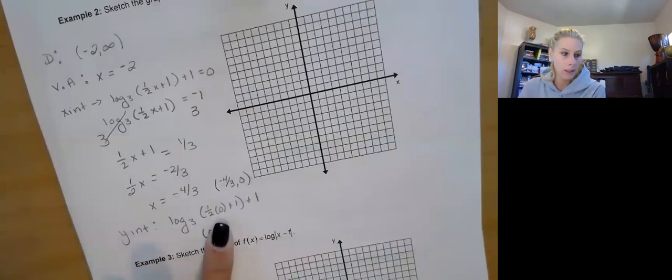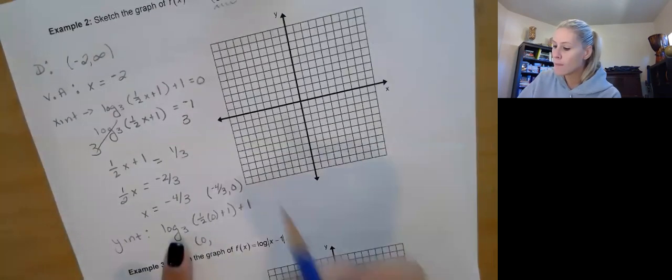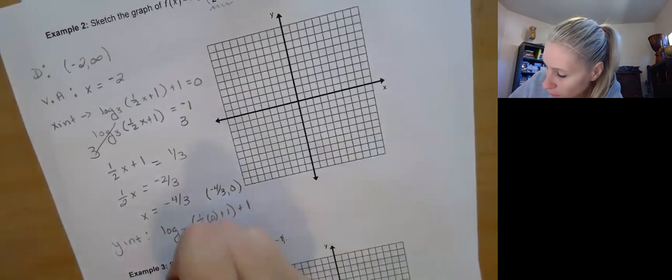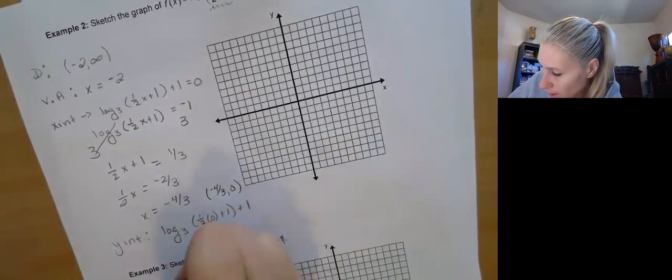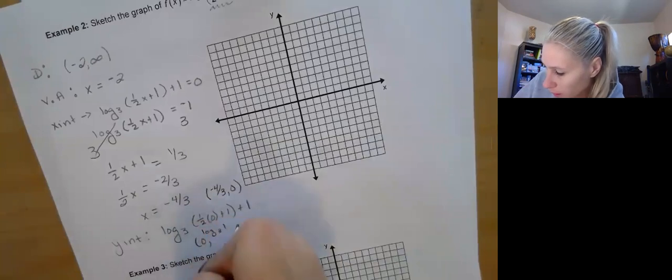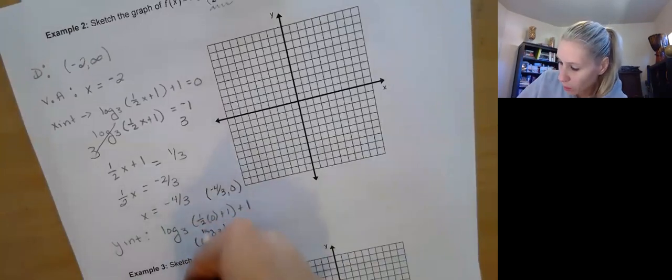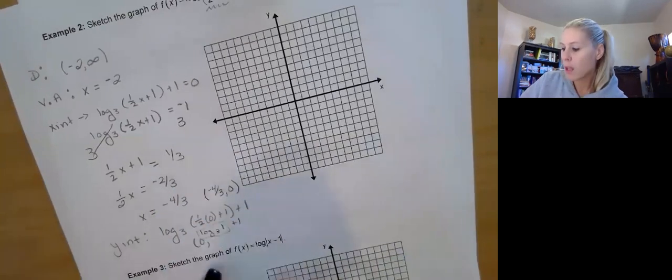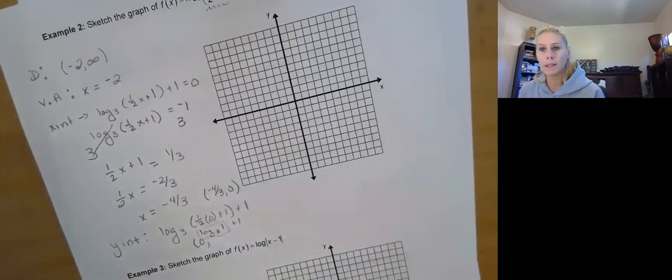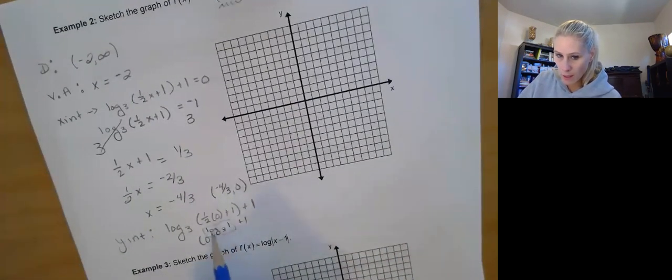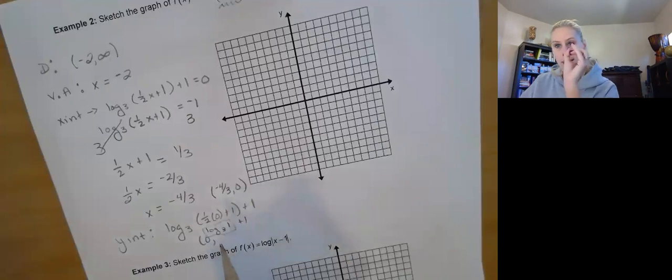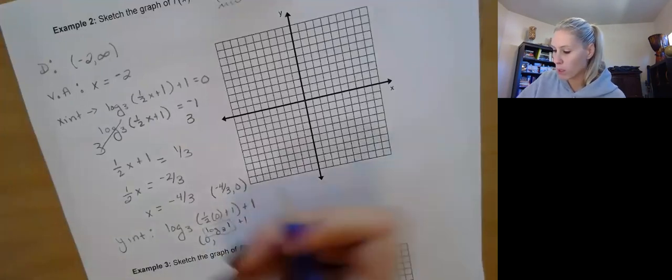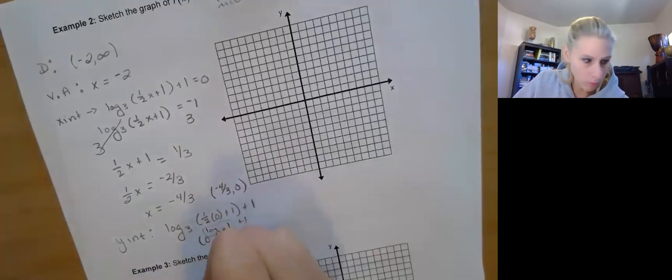Actually, I want to write this out for you so you can see it. If we have log base 3 of 1 plus 1, well, let's look at this right here. 3 to the what is 1? 3 to the 0 is 1. So this evaluated would be 0.